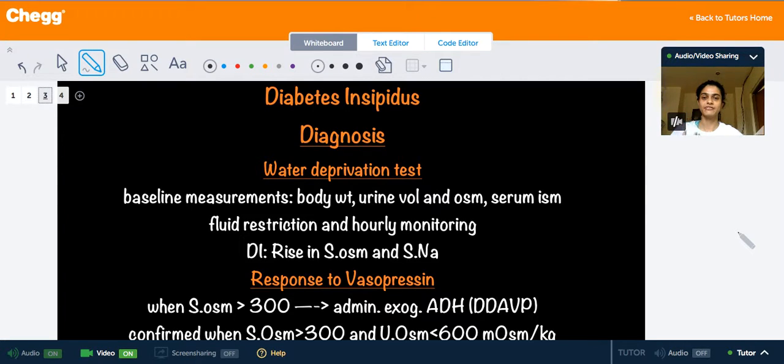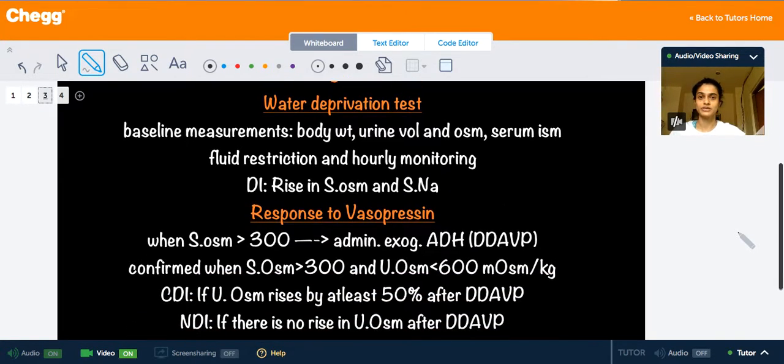And if there's a rise in serum osmolarity and serum sodium, then that is going to tell you that this could be DI. And the diagnosis of DI, diabetes insipidus, is confirmed when the serum osmolarity becomes 300 milliosmoles per kilogram or more, meaning the serum is becoming more and more concentrated. And when the urine osmolarity falls to less than 600 milliosmoles per kilogram, which means that the urine is becoming more and more dilute.